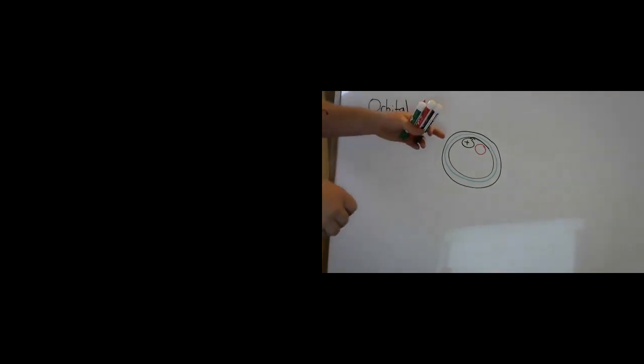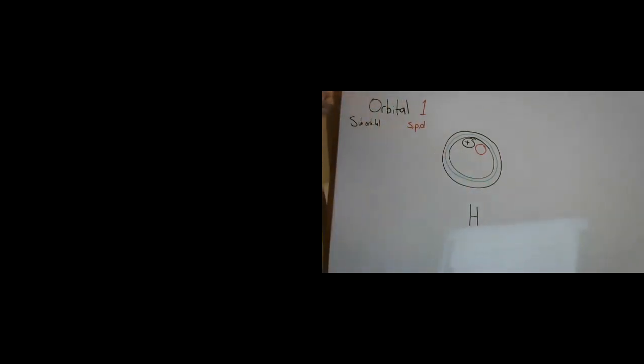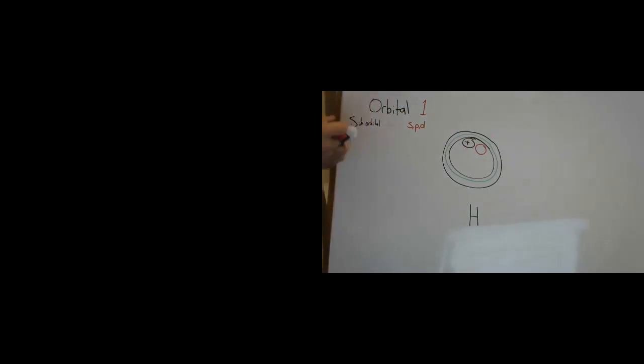So let's start with the basic one, hydrogen. I'm going to teach you how to use the periodic table to your advantage. Hydrogen is period 1, group 1.